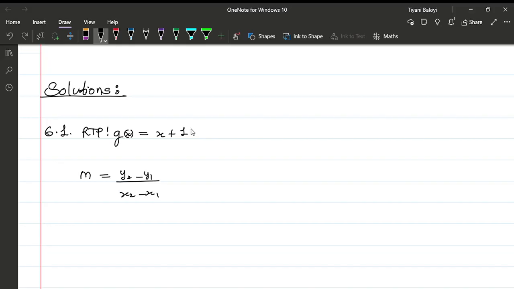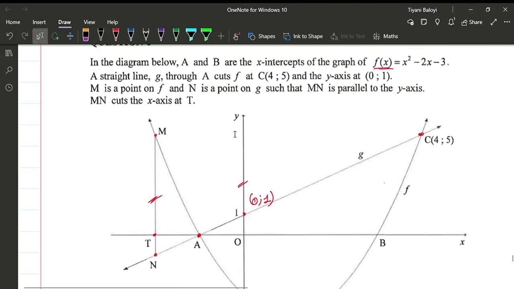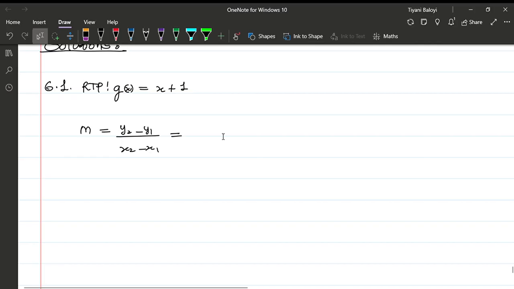So we can just put this in. What are the coordinates for C? (4; 5). So we have 5 minus 1, that's the y-intercept, over 4 minus 0, this will be 4 over 4. Therefore m is equal to 1.